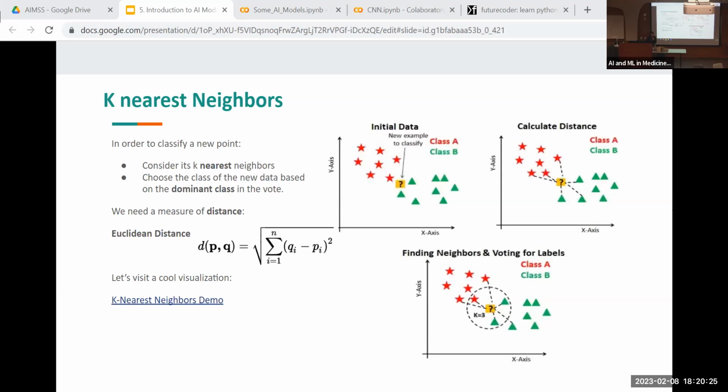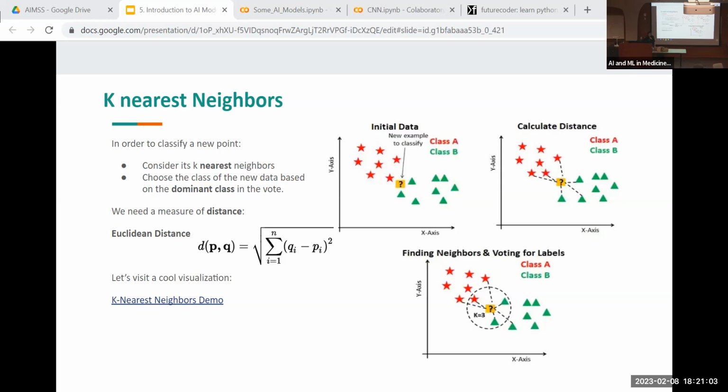The next model is k-nearest neighbors, and it's used for classification again. The idea is that, let's suppose we have a data set which contains two classes, class A and class B. So we have some seen data, or training data, that we know the information about. We know some of them come from class A and some come from class B. And now we have a new data point that we want to classify, and it's unknown to us which class it belongs to.